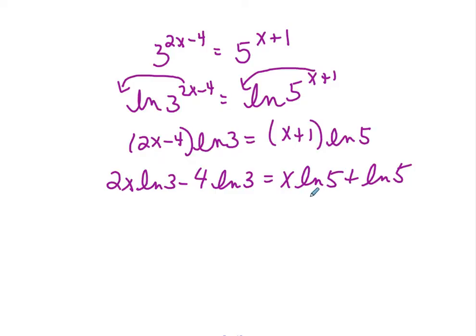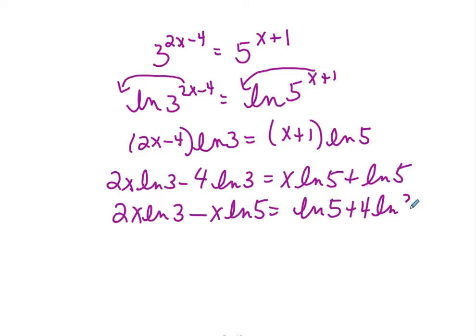So I'm going to subtract out x ln of 5 from the right, and I'm going to add 4 ln of 3 on the left. So I end up with 2x ln of 3 minus x ln of 5 is equal to ln of 5 plus 4 ln of 3.